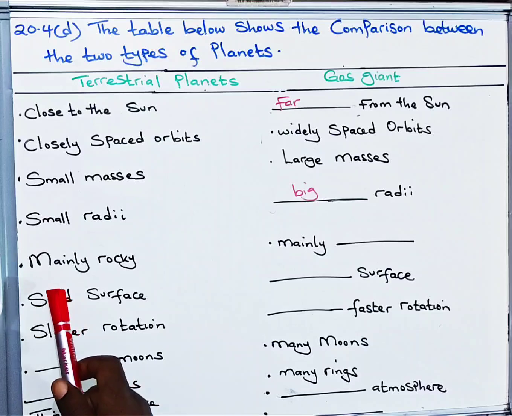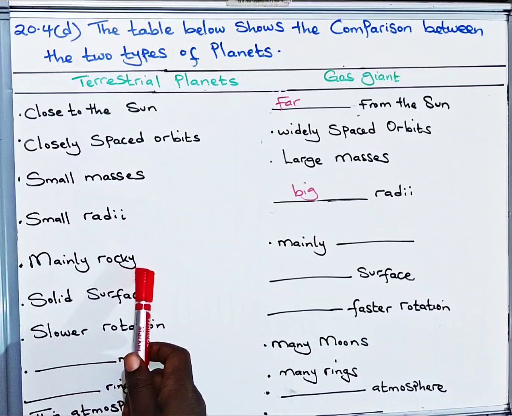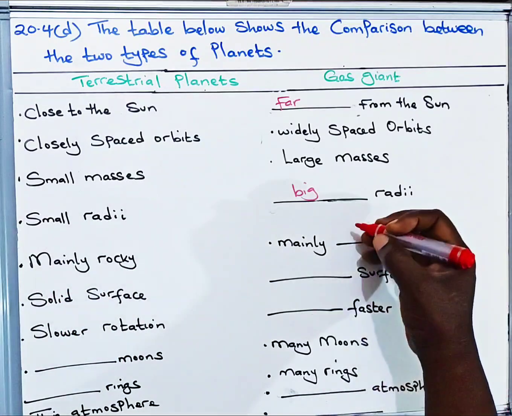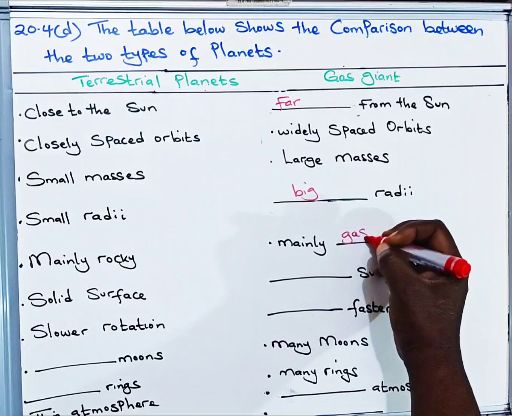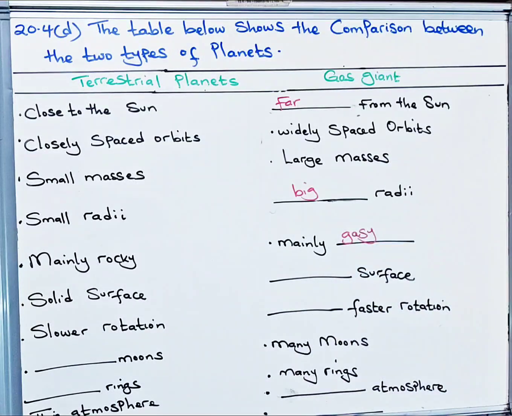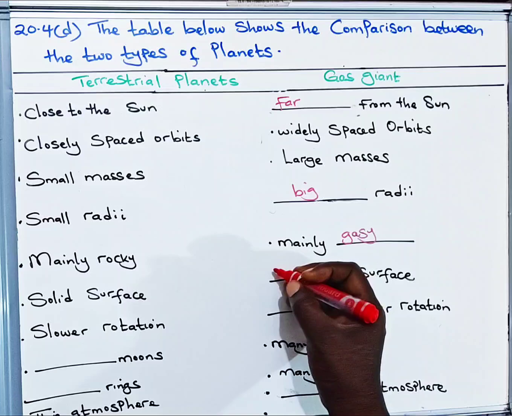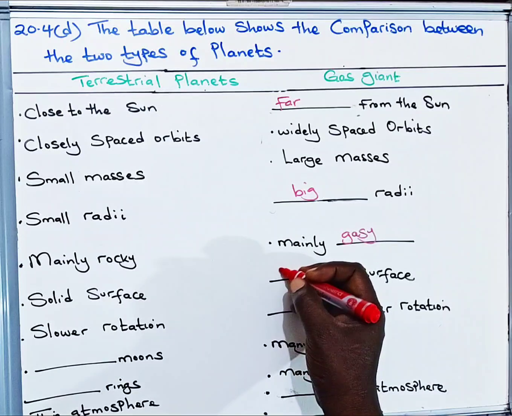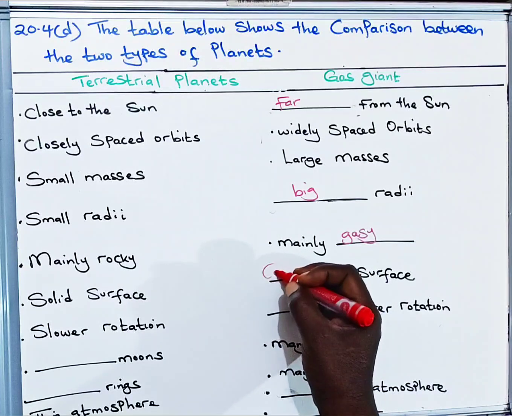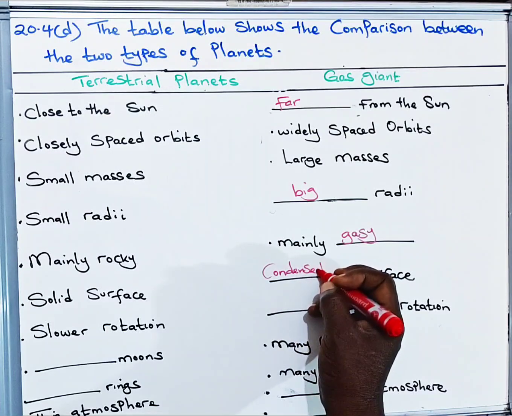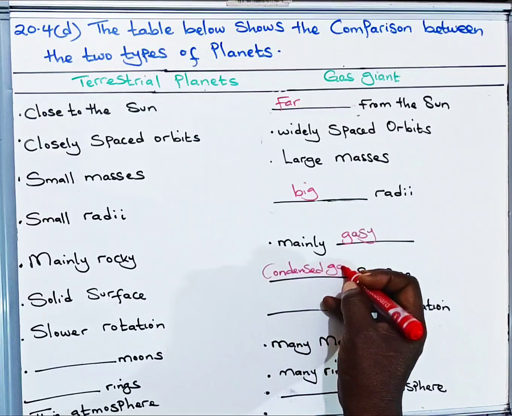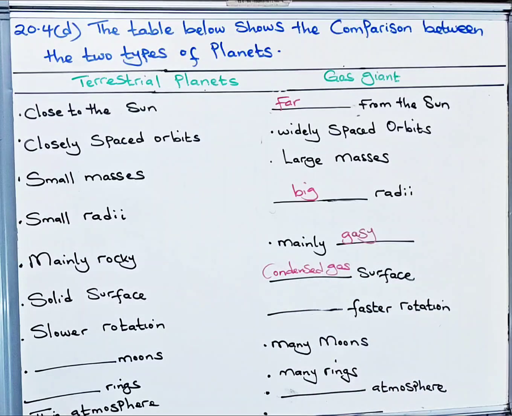Here mainly rocky, while here mainly gassy, condensed gas. Here they have a solid surface. Here they have a condensed gas surface.